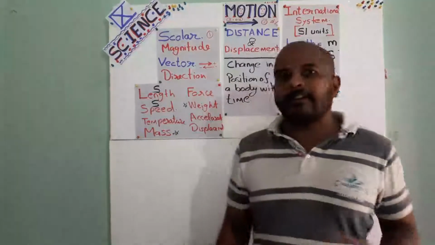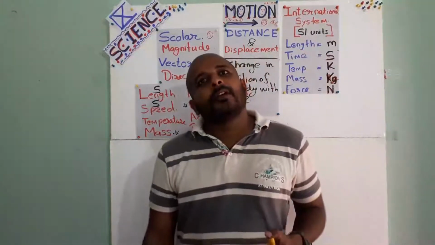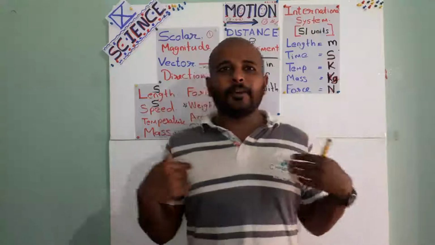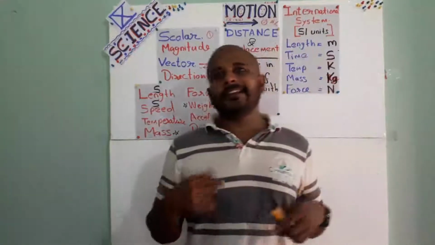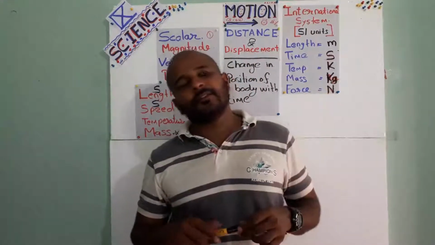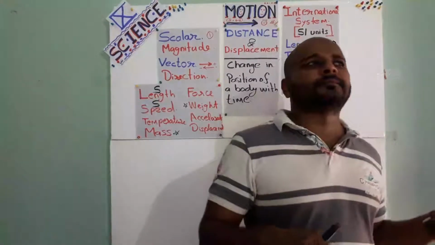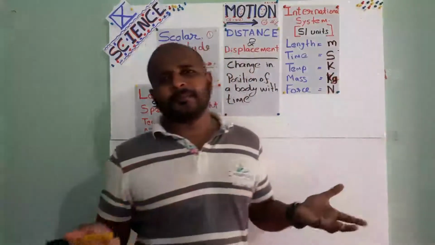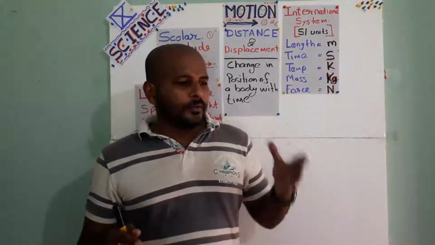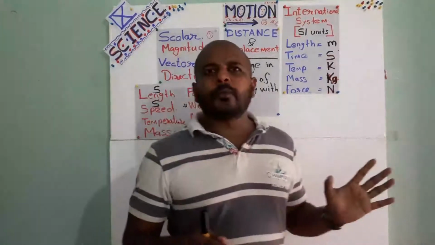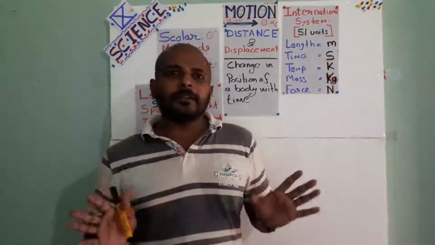So next one is temperature. My body temperature is 98 degrees Fahrenheit, or just imagine 37 degrees Celsius. In whatever direction I move, the temperature will be the same.